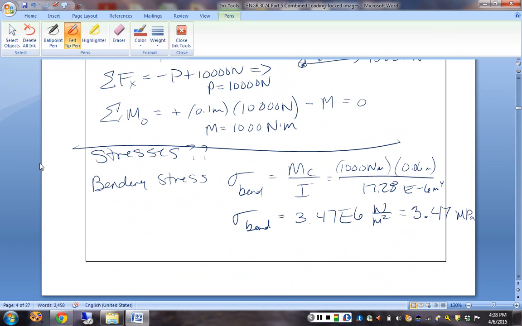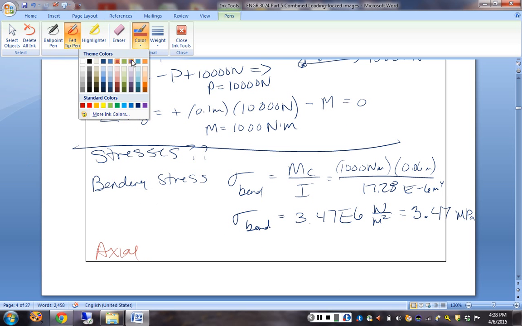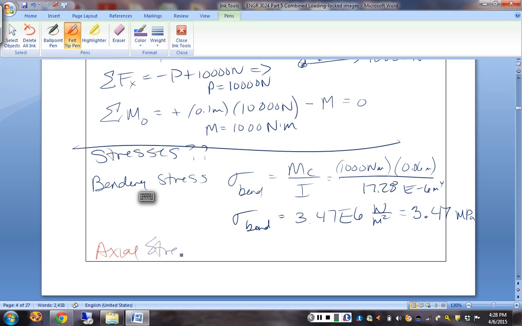What other kind of internal load do we have? We have axial. How do we get that guy? Plain old P over A. P was 10,000 newtons.